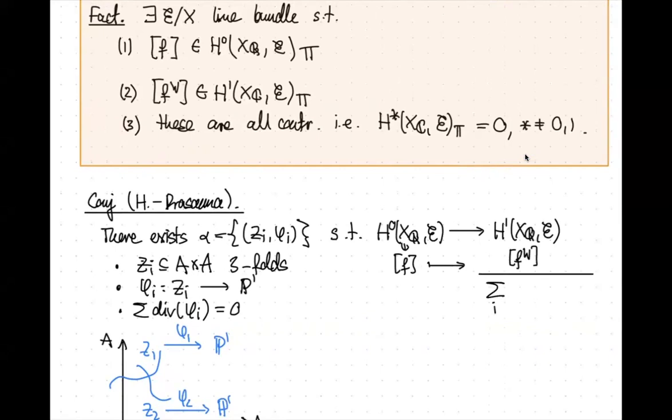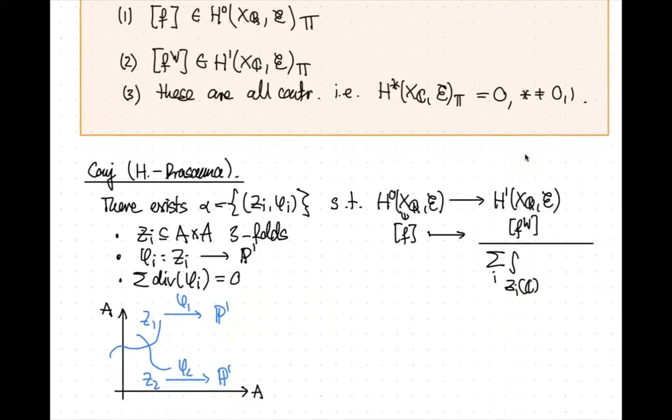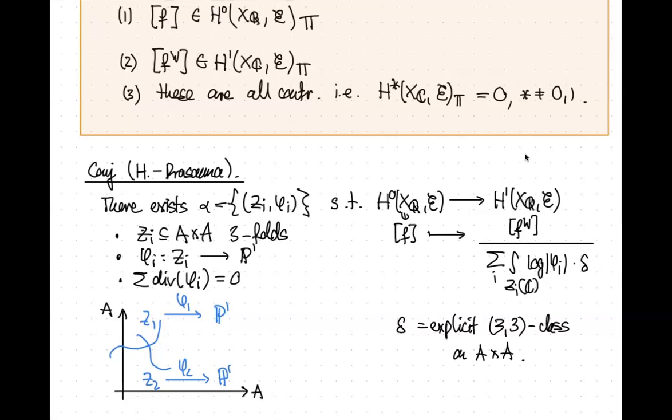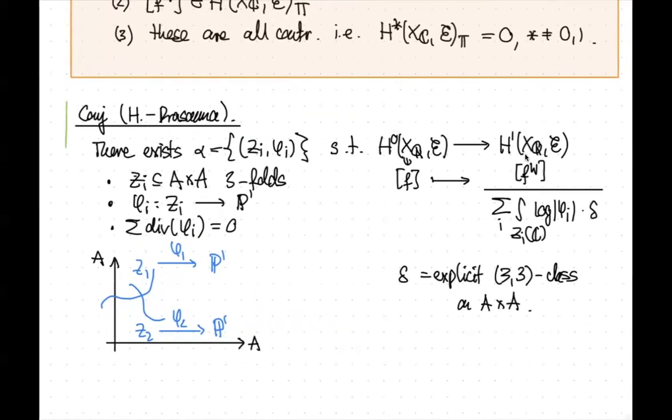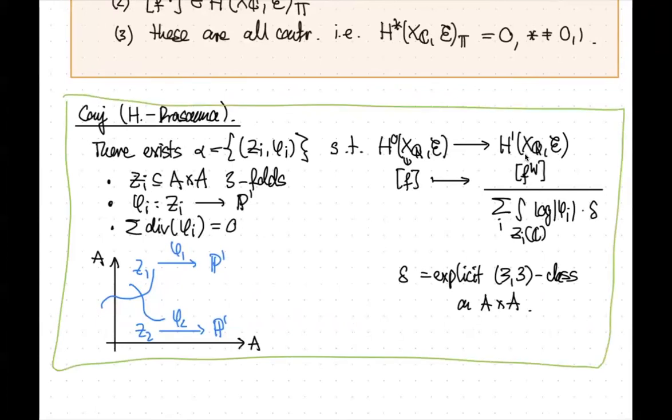So the sum of the integral over these cycles Z_i(C) of the log of the absolute value of φ_i, times δ, where now for things to make sense, δ is an explicit (3,3) class on A times A. Maybe if you choose a basis of the differentials on A, I could write down explicitly what this class is, but you can imagine it's something similar to what I wrote above for elliptic curves. Okay, so this is the conjecture.